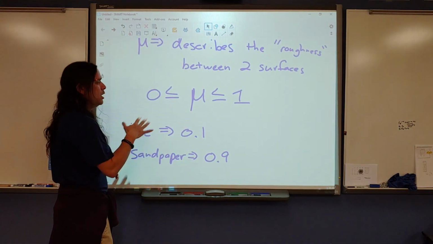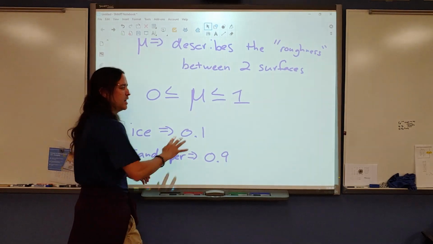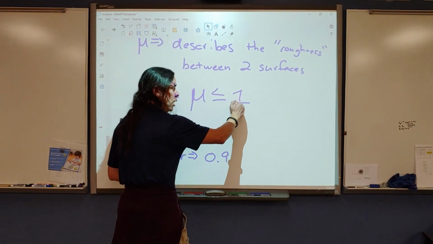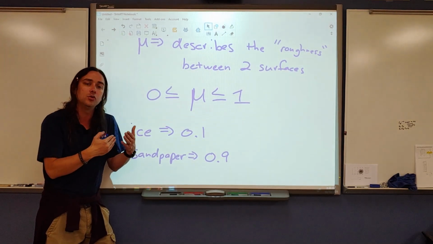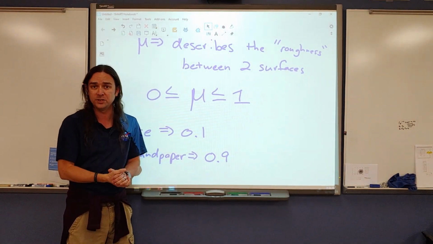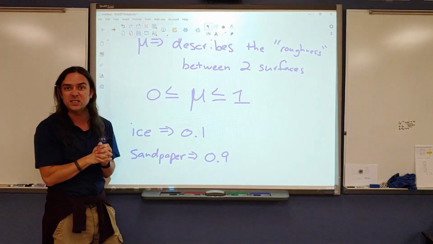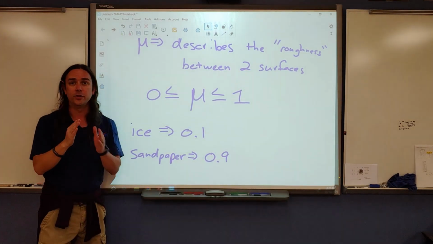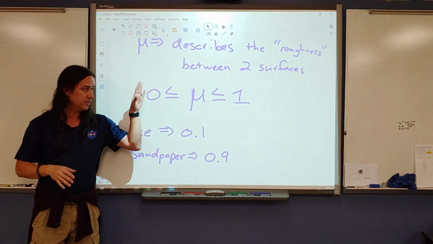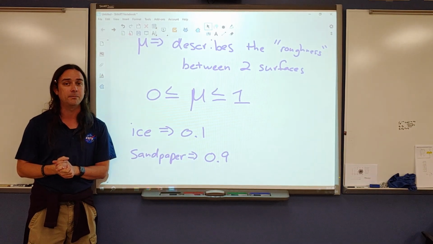So in general, most likely your values are going to be between 0 and 1, and by the time you get to about a value of 1 and above, you're starting to move out of what we would call friction and into another type of force, some other resistive force, like I said, gluing something down, sticking. Okay, so this is a breakdown of the types of friction, at least initially, and some of the basic information that we need. We'll be back in just a minute to take a look at an example.